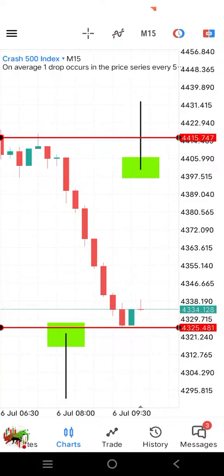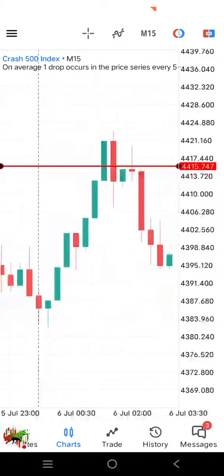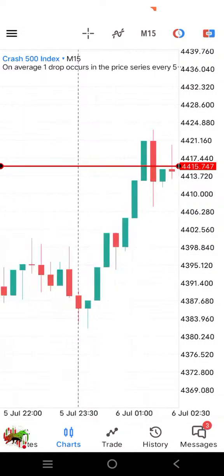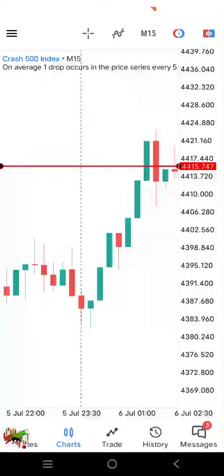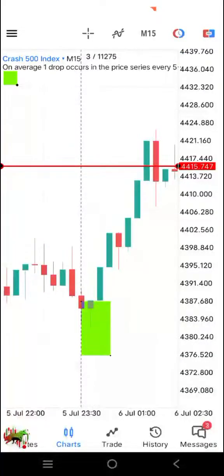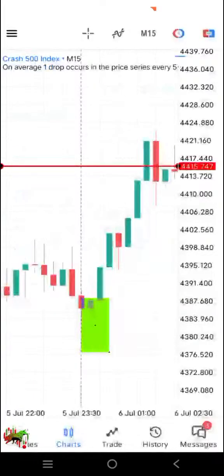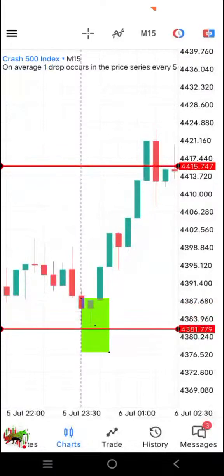Now let's check it out. What type of hammer is really working? Check it out, guys. Here I found a hammer pattern. This hammer pattern is appearing somewhere on the downside, at the bottom.